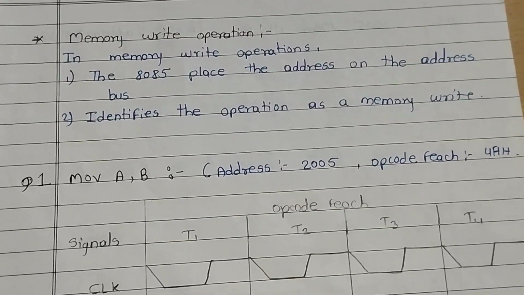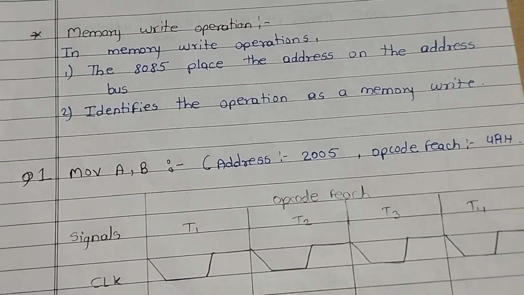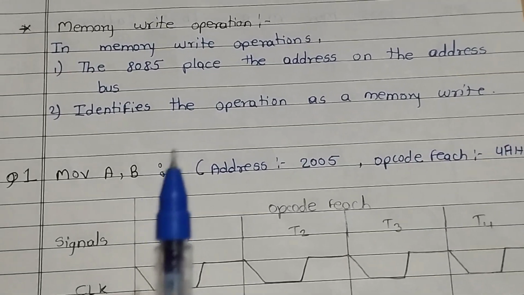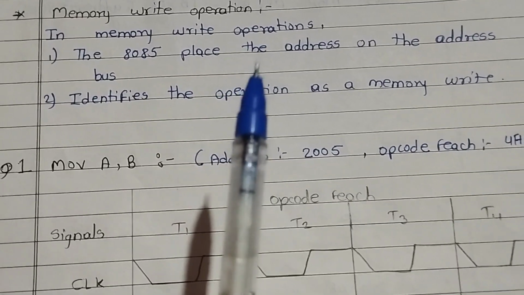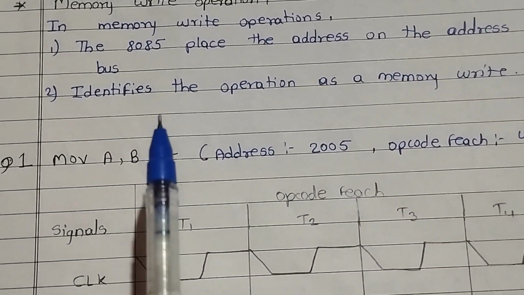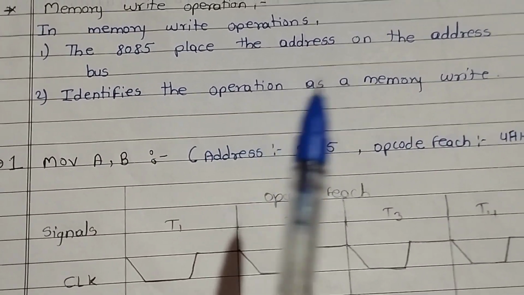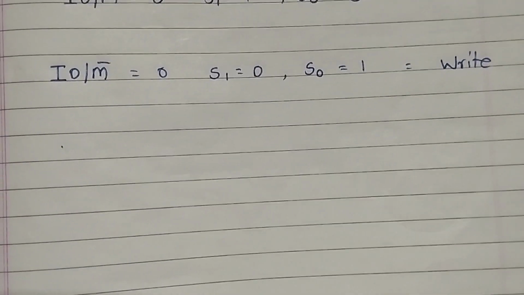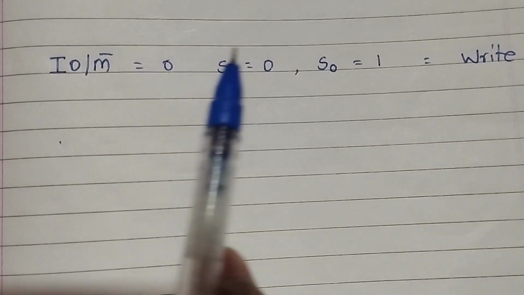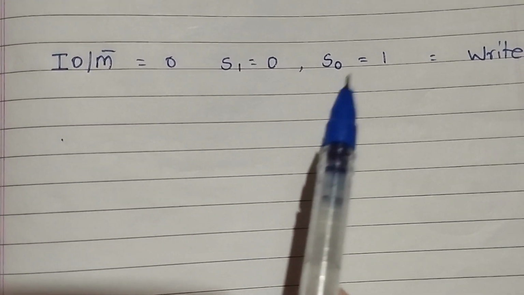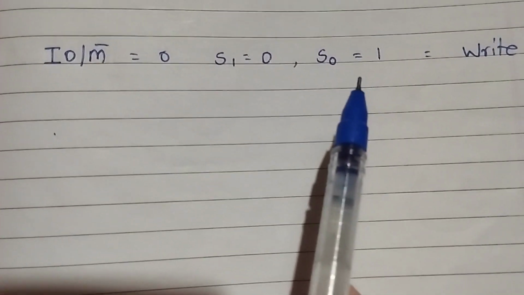Next type of machine cycle is the write machine cycle. In memory write operation, the 8085 microprocessor places the address on the address bus and identifies the operation as a memory write. For the write machine cycle, IO/M bar is equal to 0, S1 is equal to 0 and S0 is equal to 1.